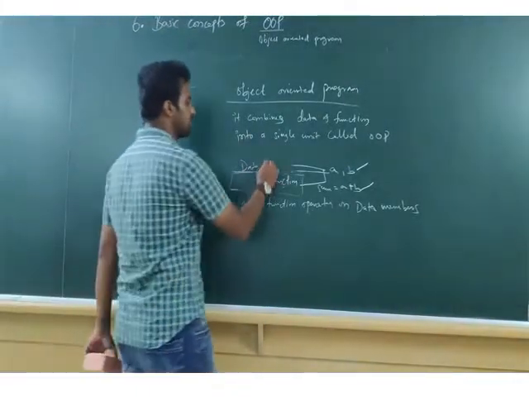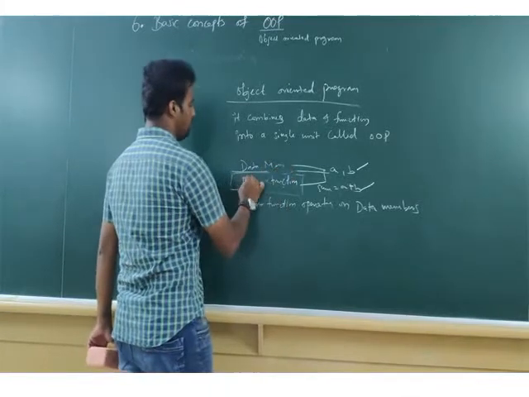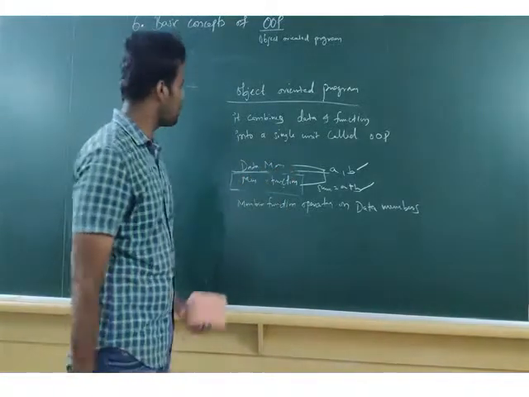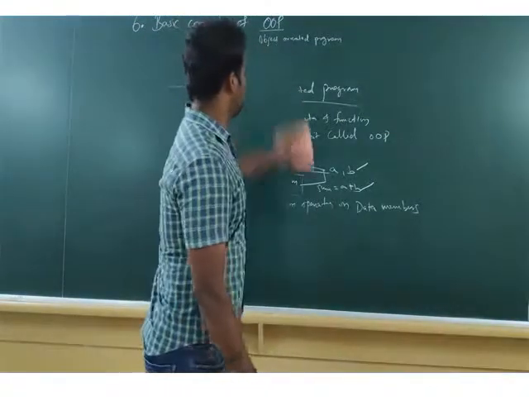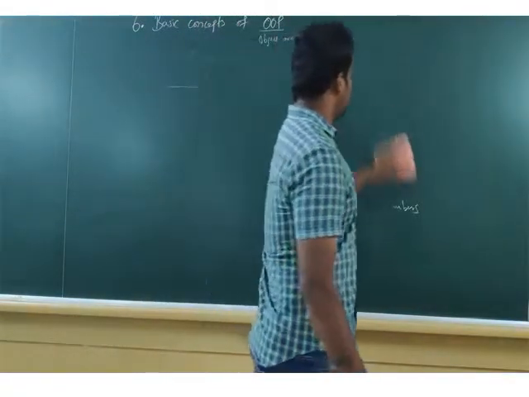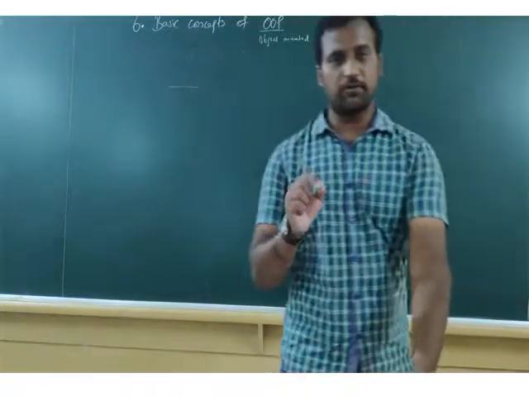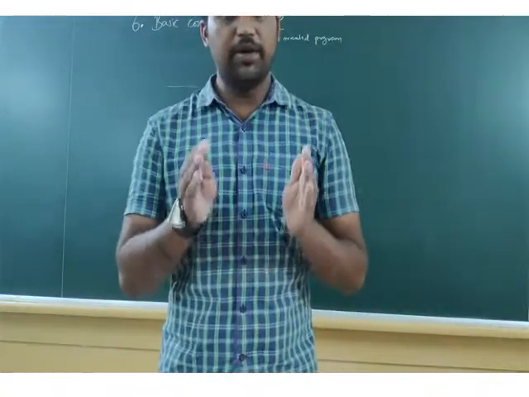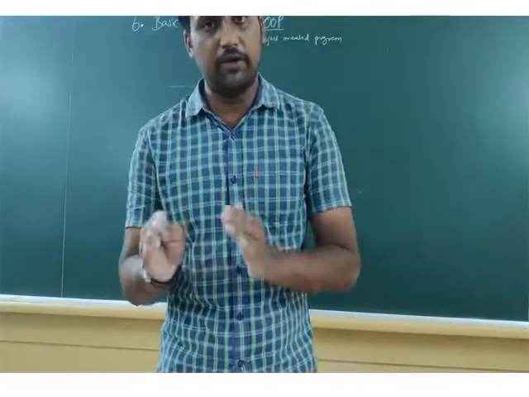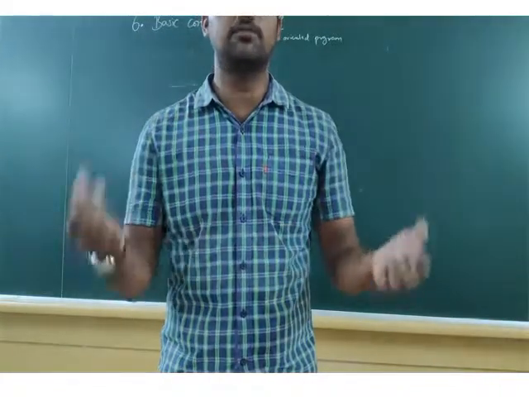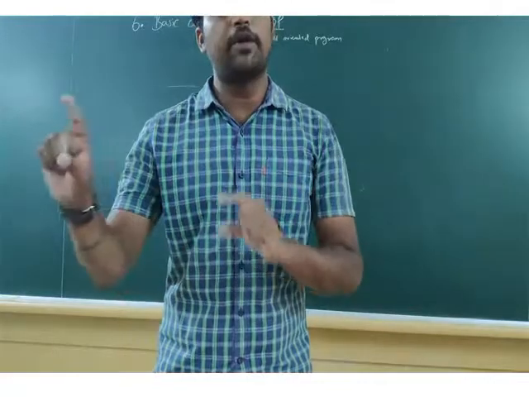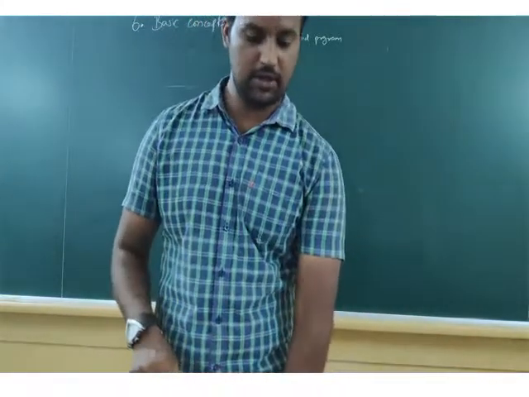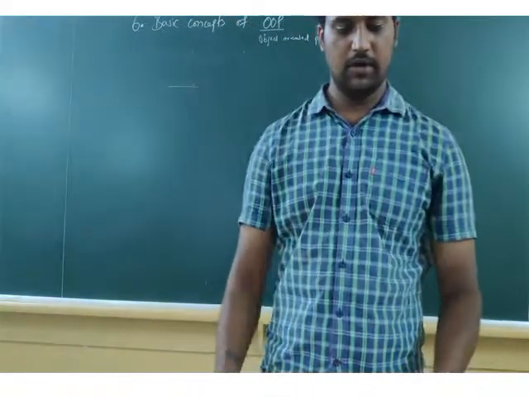So what object oriented programming does is bring data and functions into a single unit. And the second point is member functions operate on data members. This you have to remember.